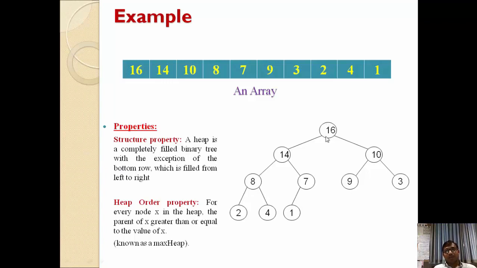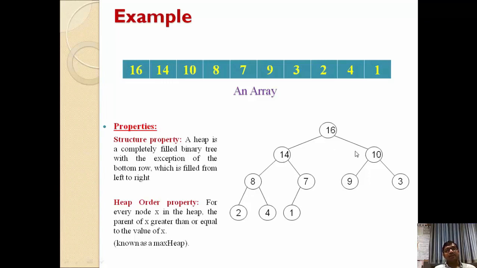So we have to start from the 5, right? Because once we start from the 5, 1, 2, 3, 4 and 5, we need to start from the 5. After 5, like 6, 7, 8, 9 and 10, these are all leaf nodes, so no need to check, they have 0 child. But we need to start from the 5, then 4, then 3, then 2, then 1.